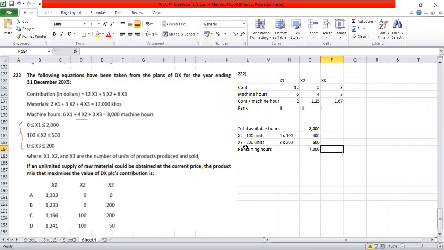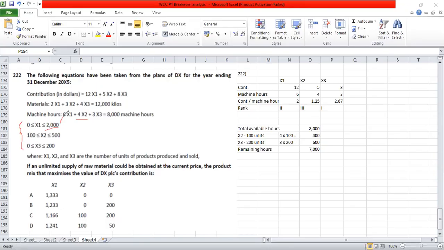X1, how many units is the maximum production? 2,000. How many hours does it require? 6 hours each. So 2,000 into 6 is 12,000. But availability is only 7,000 hours.